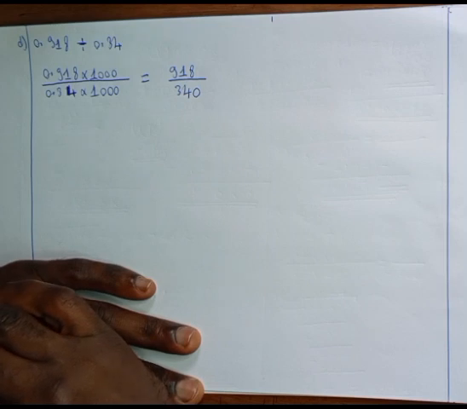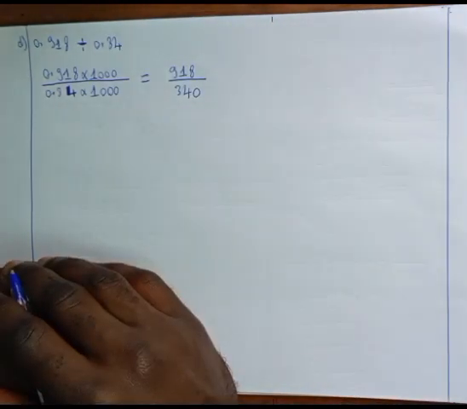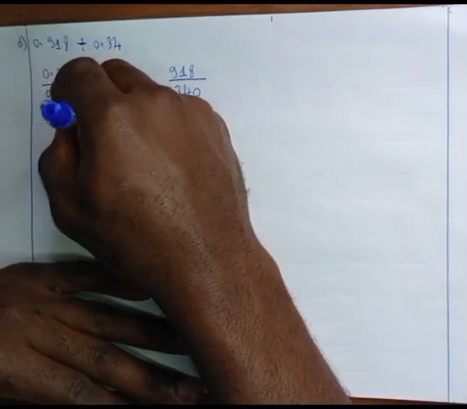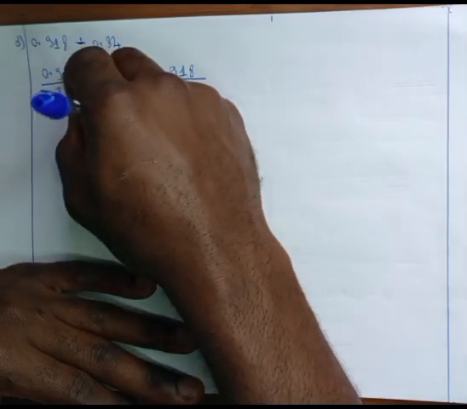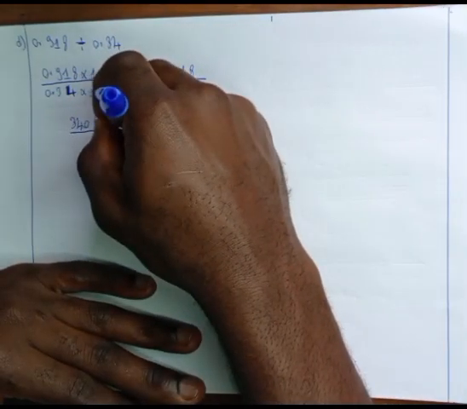Next thing, by making use of the method of long division, it is possible for us to obtain the result as a decimal. We are going to send out 340, and we send in 918.